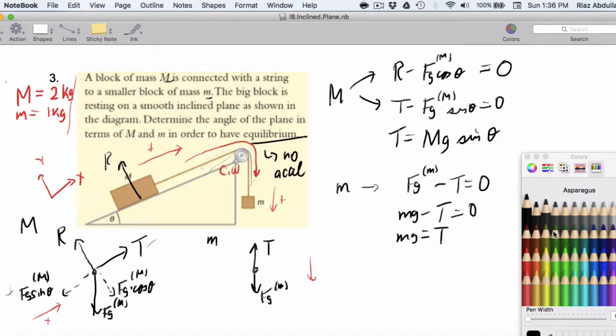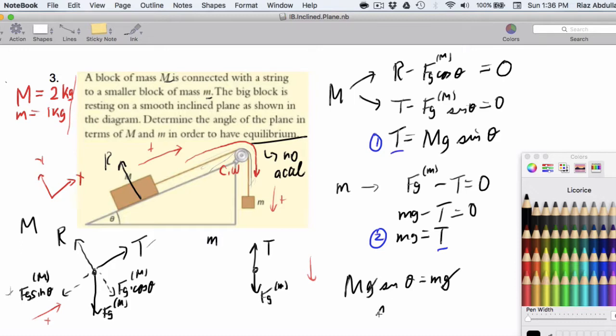Now check this out. We have two equations to work with. I'll call this equation 1 and this equation 2. They both have tensions, and we can actually equate them. Now we're getting somewhere. All of this is Newton's laws, but we have big M g sine theta equals little m g.